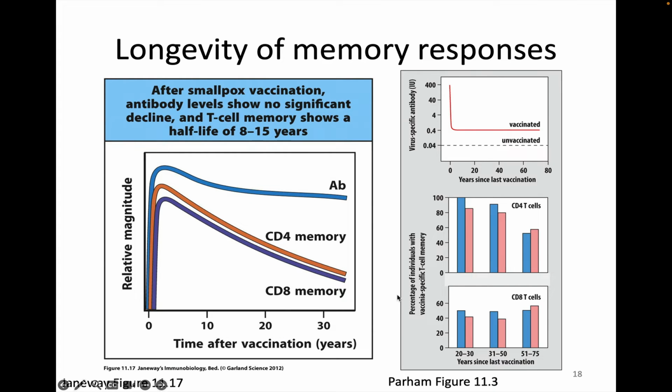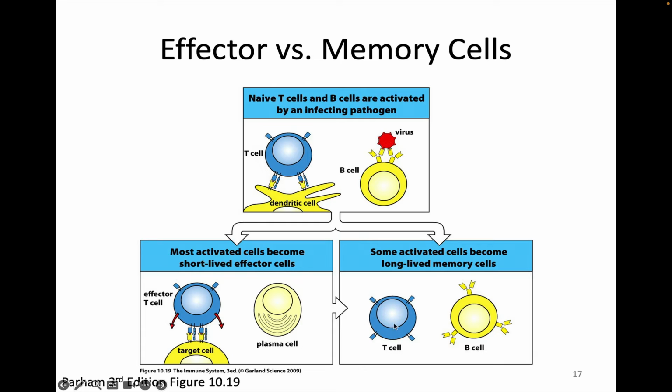And one of the really unique features about memory responses is that those memory cells have become specialized, just like the effector cells had, but they have a different type of specialization. And one of the big features of a memory cell that is unique about it is that it is very long-lived.